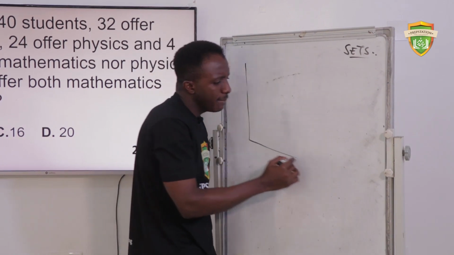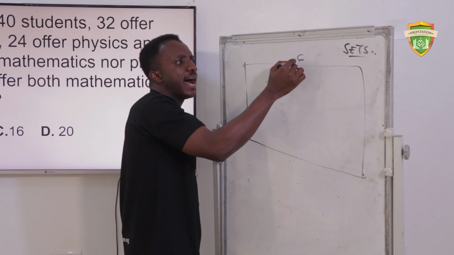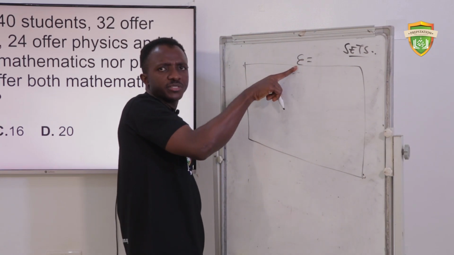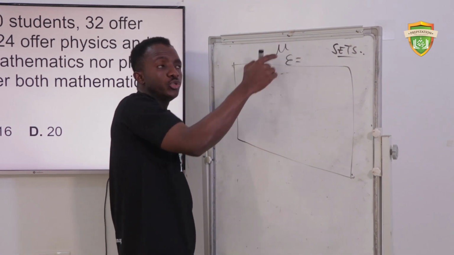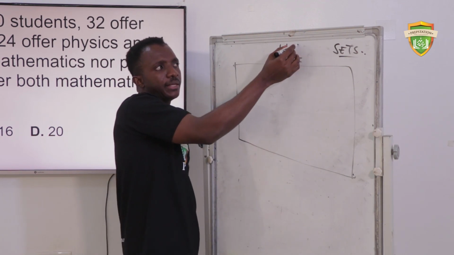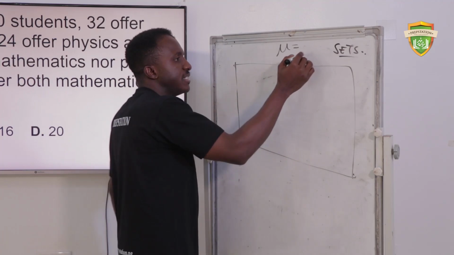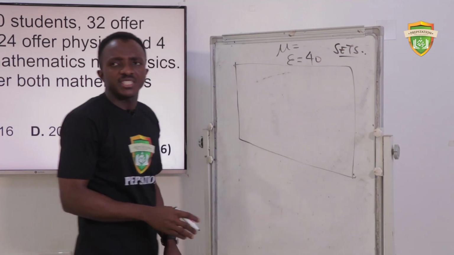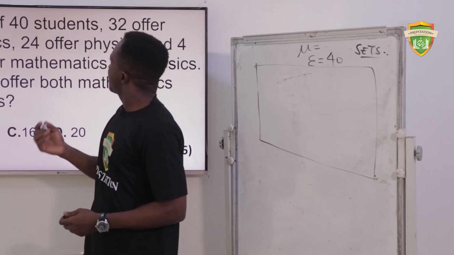So we have a box this way, and this is the universal set symbol. Some textbooks put it like a U, like mu, those of you that take physics. It's either this or this. So the universal set is 40, that is, the total number of students in the class is 40.